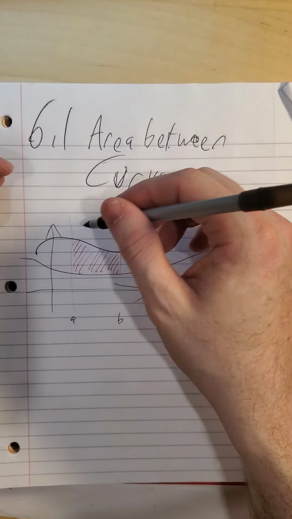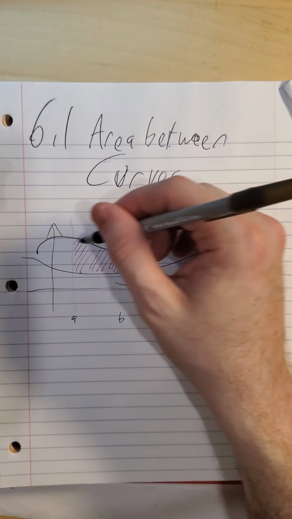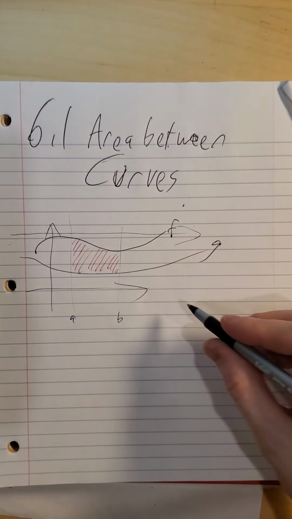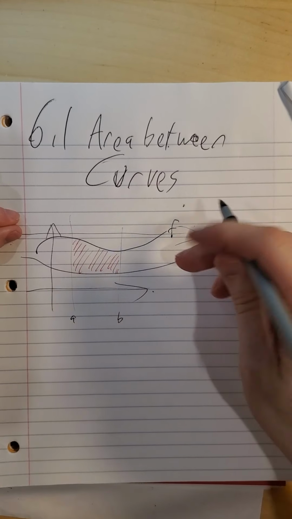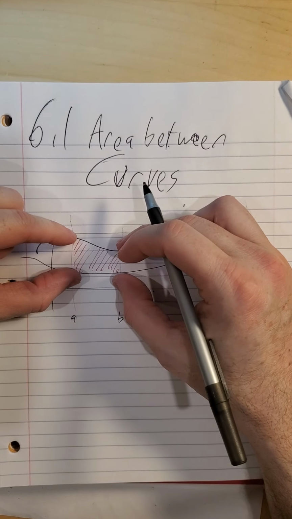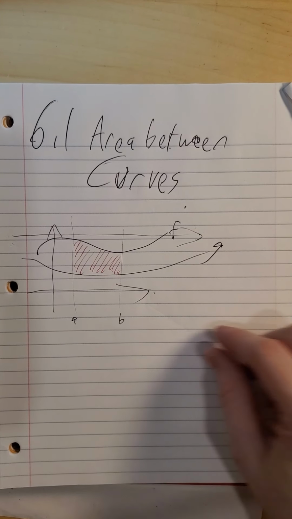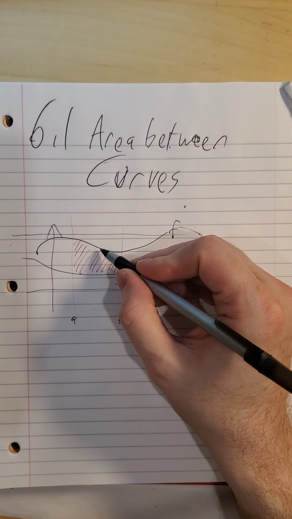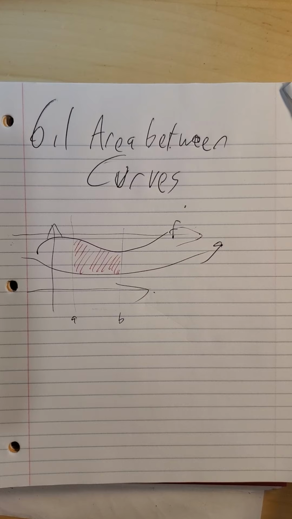So the amount of area between f and g would be the same whether they were above the axis or below the x-axis. If this had been our x-axis instead of the original one, the same amount of space would be between curves f and g. So it doesn't matter if we're above or below the axis for this. It just matters which one is the top function, which one is the bottom function.